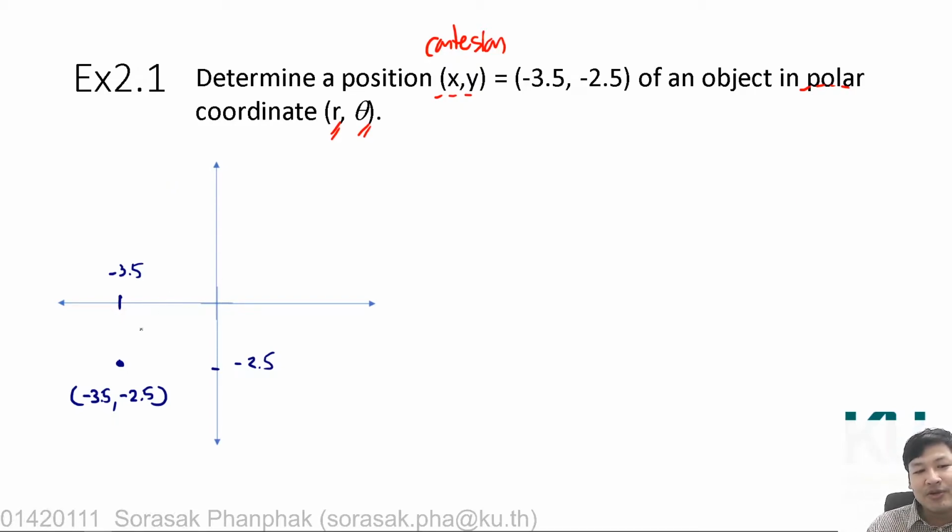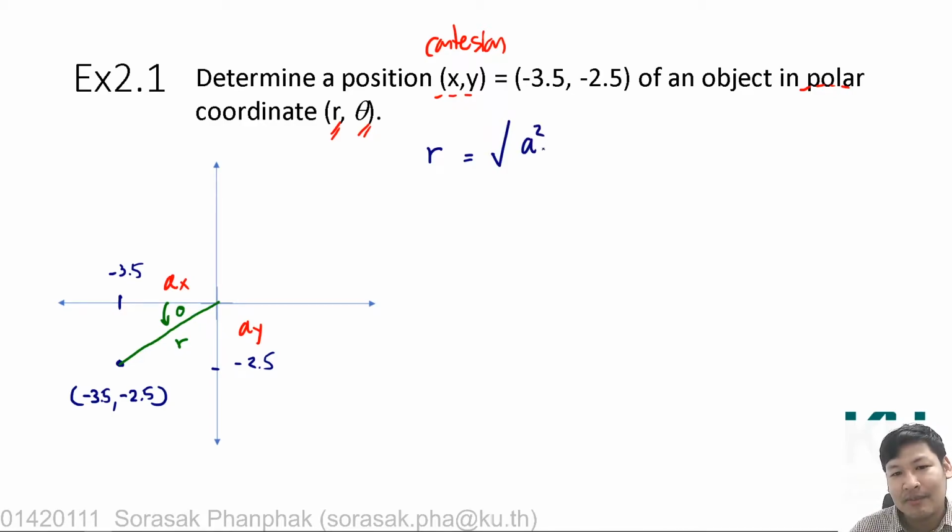So you would like to determine the position of these, r and theta, right? In order to find r, you take the components in x and y, square them up, and sum them up together, right?